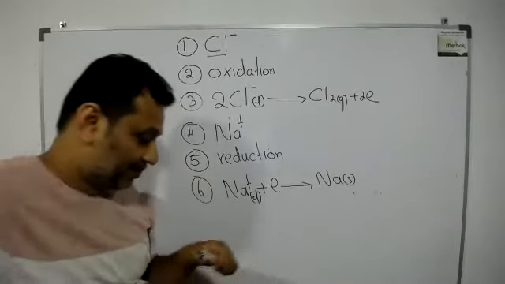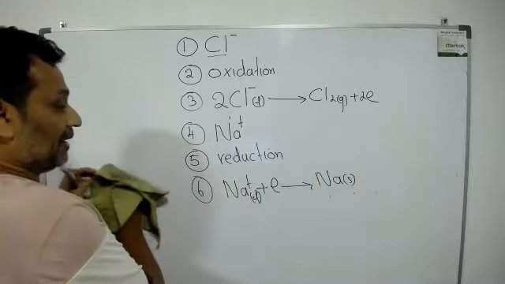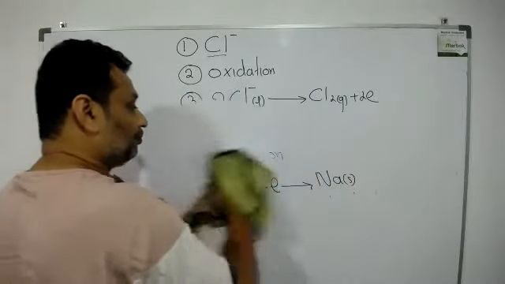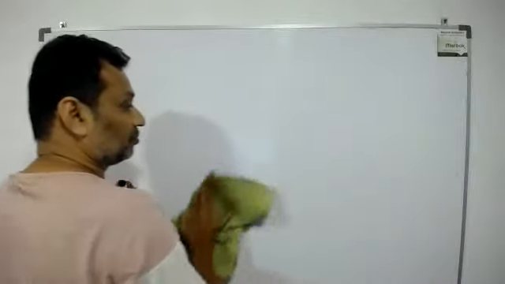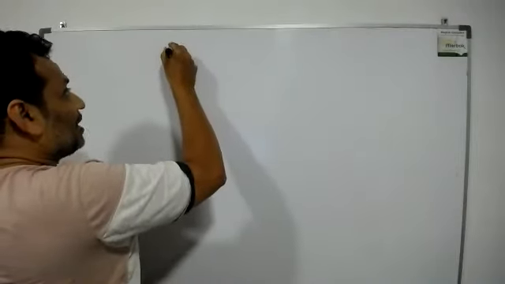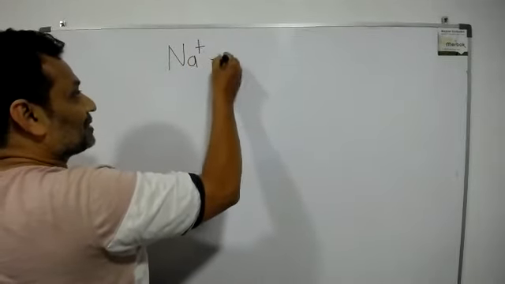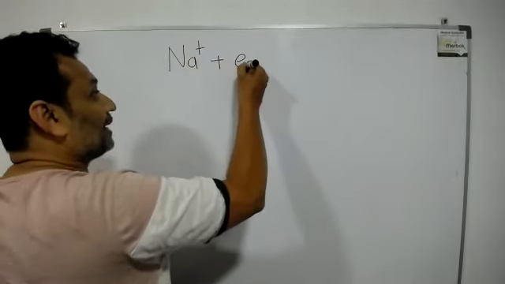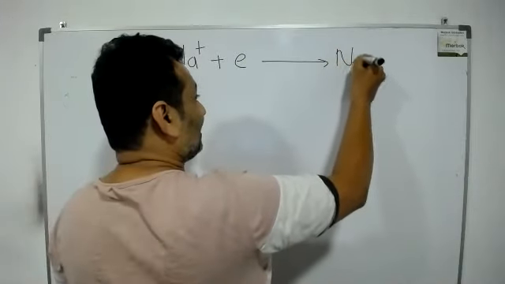Last one I'm going to do, you wait. I'm erasing this one. Oxidation reaction and reduction reaction I write here. Na plus plus 1 electron becoming Na.